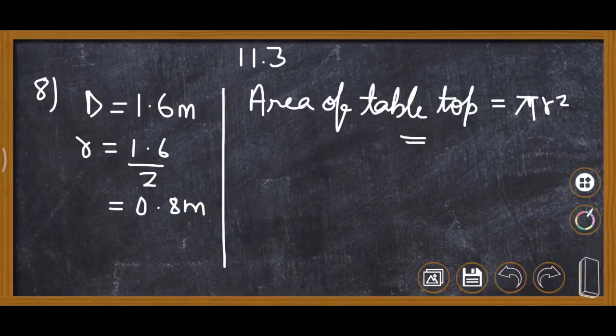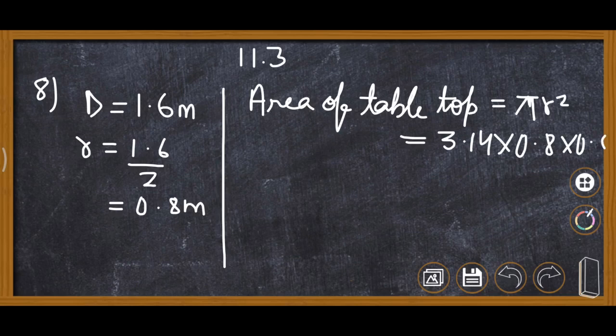Diameter 1.6, so radius will be 1.6 upon 2, so it is 0.8 meter.